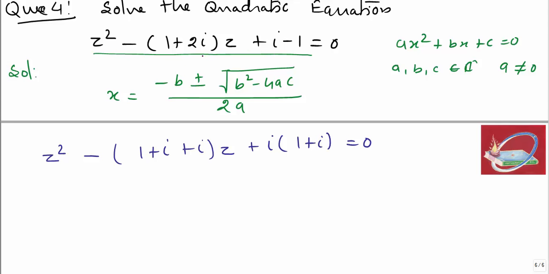What we do? We need to split in such a way that their sum is equal to this, and the product must be this part. You can see iota minus iota square, that is minus 1. So z square minus (1 plus iota) times z minus iota times z plus iota times (1 plus iota) is equal to 0.